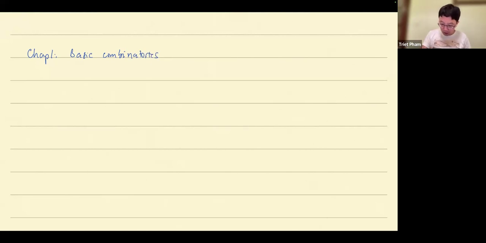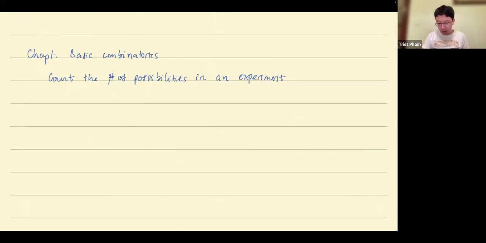And the reason we do this is because we want to be able to count the number of possibilities in certain kind of experiment. Basically, I'm trying to explain the connection between combinatorics and discrete probability.